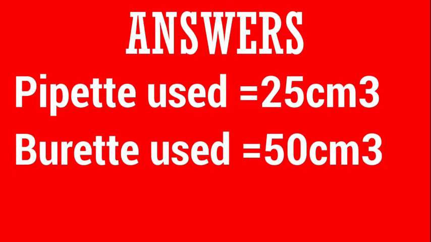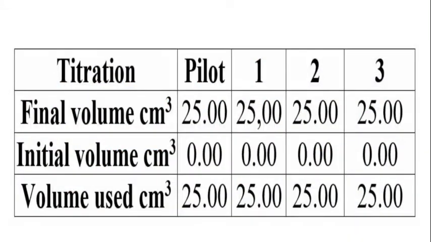Then on your table of results, after performing the titration procedure, you need to show the table even if you are not asked in the procedure. You are supposed to fill the table remembering to include the SI unit and write the values in 2 decimal places.